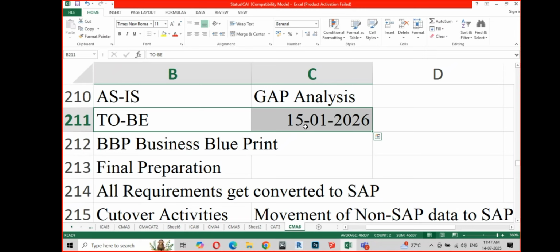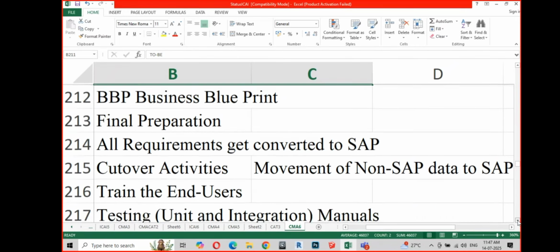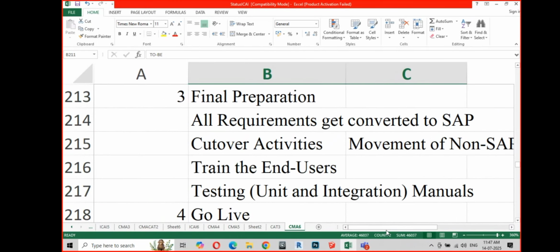All right. Now, once this date is fixed, under no circumstances is it going to be revised. The implementing team works day in and day out to meet this deadline. Now, in this phase, what happens? The consultants are working on the SAP implementation, and at the same time, they are also responsible for moving the non-SAP data to the SAP system.